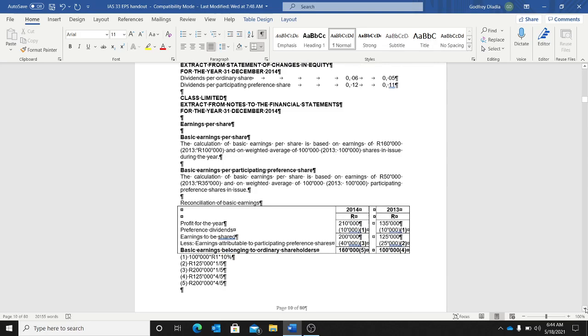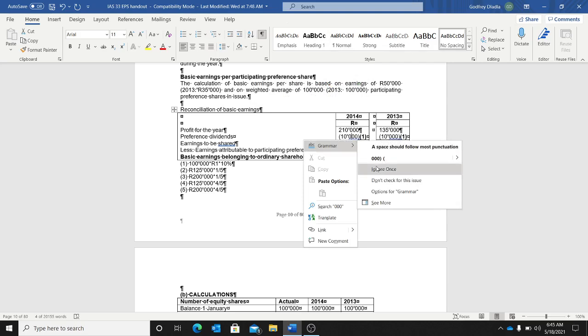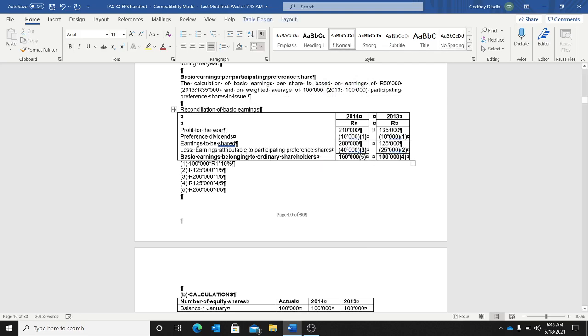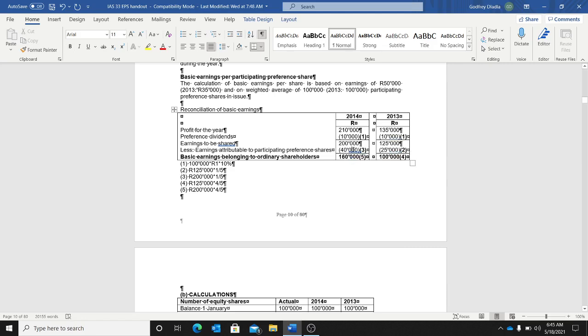Here is the basic earnings calculation. We have a situation where we have to pay dividends first. Let's look at the dividends here, number 1.